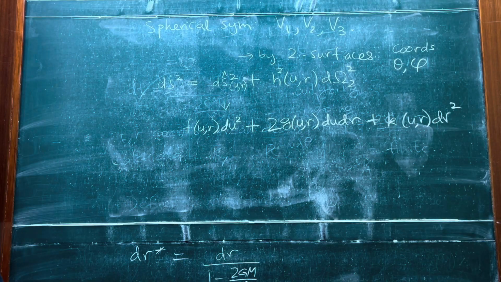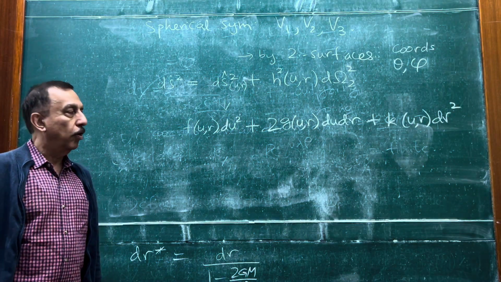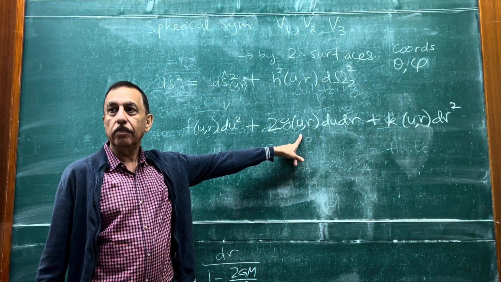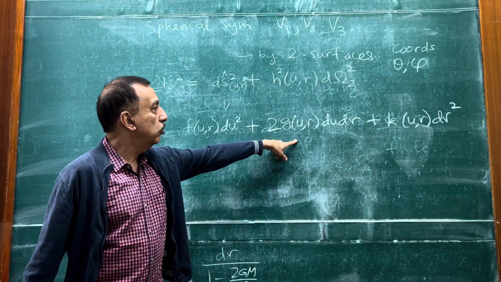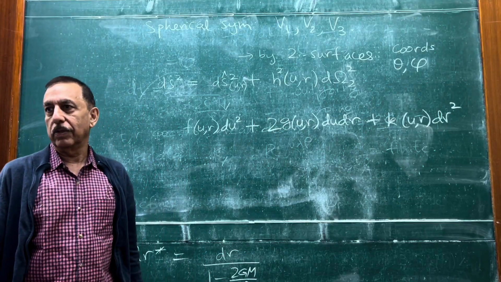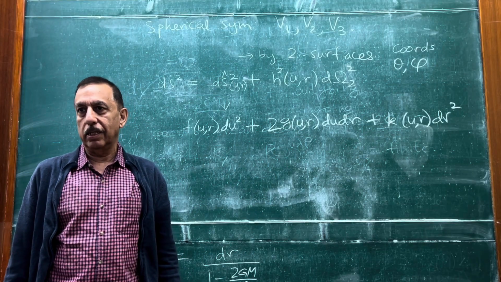Now by one coordinate transformation, we can do one of the following things. We can either remove this term, making the metric diagonal, or we can keep the first two terms, or we can keep the last two terms. We can remove any one term out of these three.